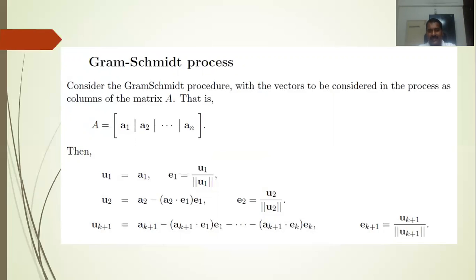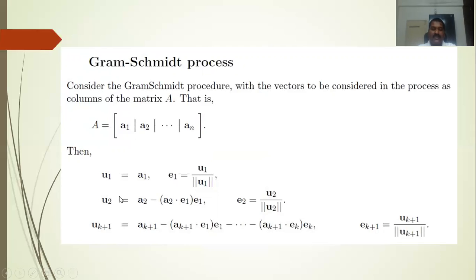Now, how to choose U1? We take A1 as U1. Then E1 is the normalization: U1 divided by norm of U1. Now, how to get U2? E2 is U2 by norm U2.